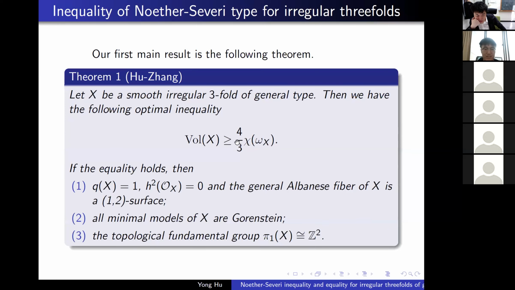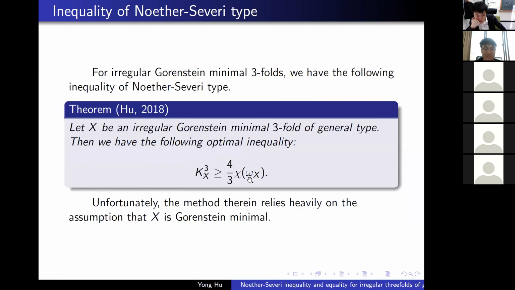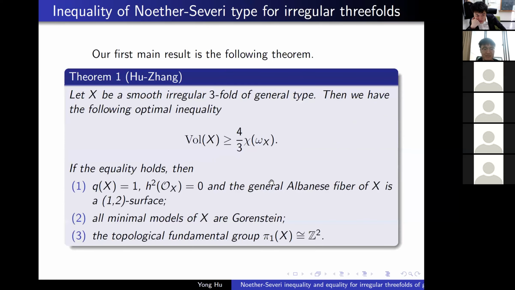So this inequality is the same as the previous one, and this is optimal. Moreover, if the equality holds, then the first statement is that the irregularity q of X is 1, and the second irregularity, h^2(O_X), is equal to 0.